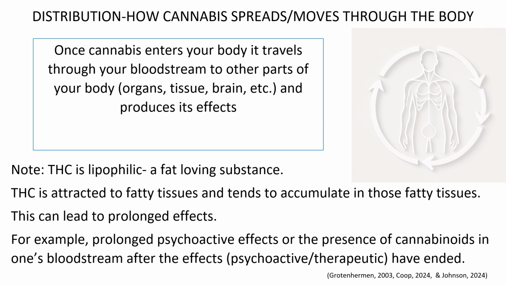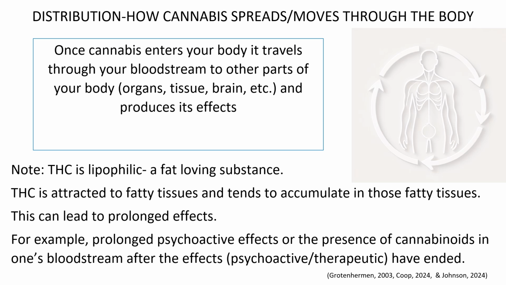For example, prolonged psychoactive effects or the presence of cannabinoids in one's bloodstream after the effects, psychoactive or therapeutic, have ended. Meaning, prolonged psychoactive effects, you can experience the effects of consuming cannabis longer than typical, usual, or expected, right?